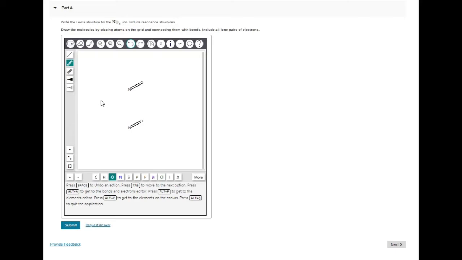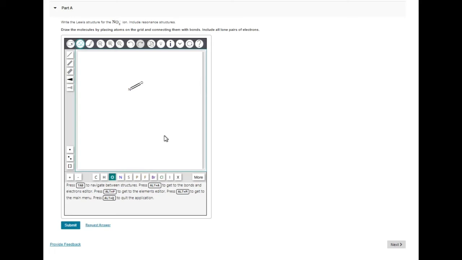Now, I want to add single bonded oxygens next. Okay, I know how to fix this. Let's get rid of this one and let's just start over with this one. I am so sorry, but I think I know how to repair this. Let's erase this one right here.